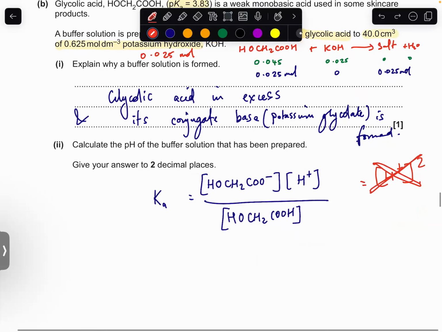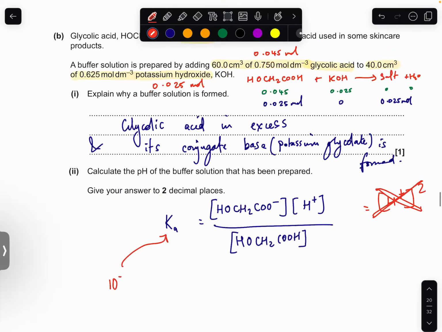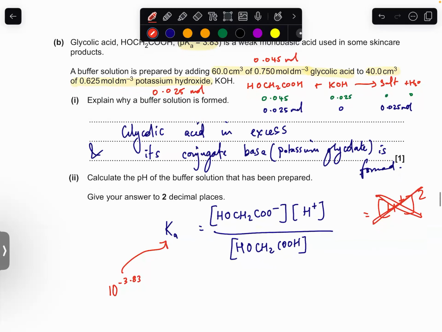So we've got all this. How do we work everything out? Ka will be 10 to the power of minus 3.83. That converts the pKa into Ka. The weak acid concentration is going to be 0.025 moles.